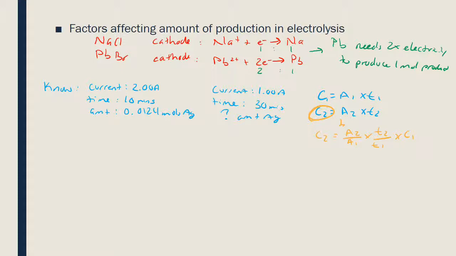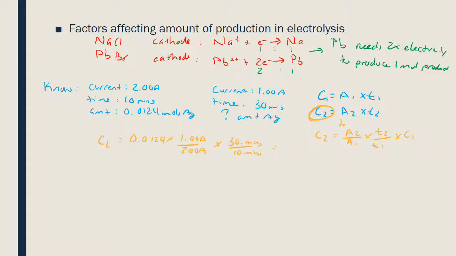And we are saying charge is an indirect measurement of product, as we saw from the previous slide. So let's plug in our information. Charge 2 equals 0.0124, which is C1, times 1.00 amps over 2.00 amps, times 30 minutes over 10 minutes.